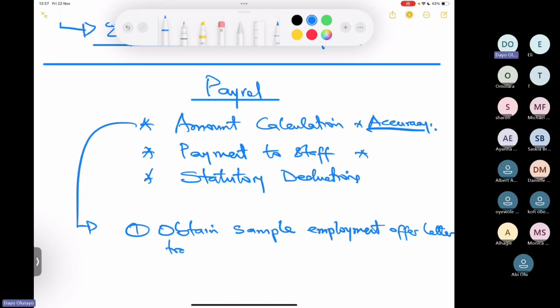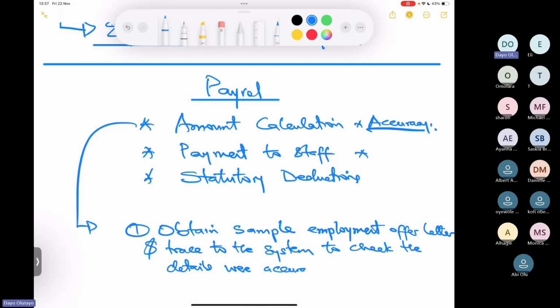You need to trace to the system to be sure that they've accurately inputted those data into the system, because if you put wrong data in the system, it will recalculate rubbish. So obtain a sample employment offer letter and trace to the system to check the details were accurately captured.